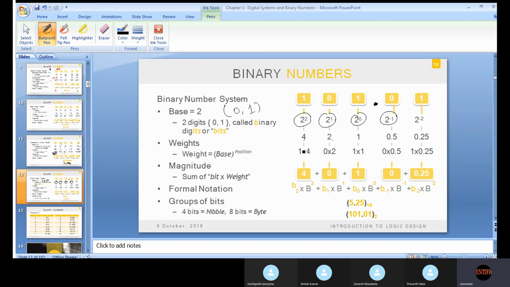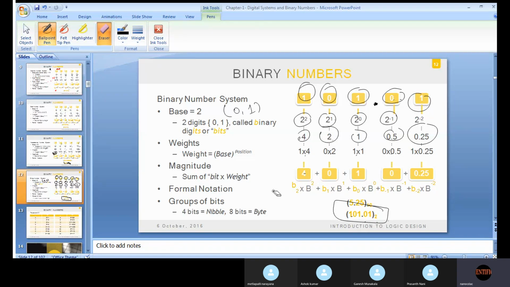Okay, so next, what is this? 0 into 2, 1 into 1, 0 into 0.5, 1 into 0.25, 1 into 1, 0 into 2, 1 into 4. If you add these, you get 101.01 in binary.